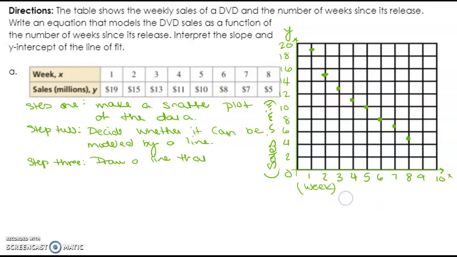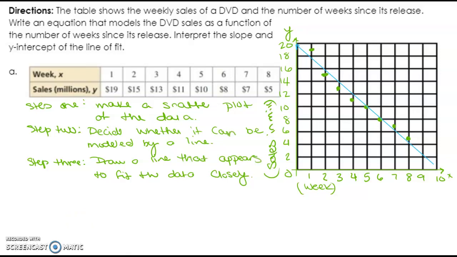And so step three, we want to draw a line that appears to fit the data closely. As close as possible, we want to draw a line that appears to fit the data closely. Up on the graph in blue, I've done that already.